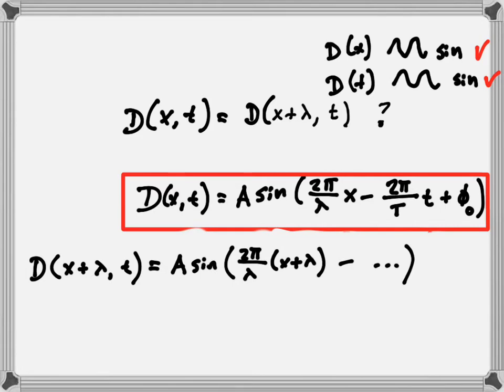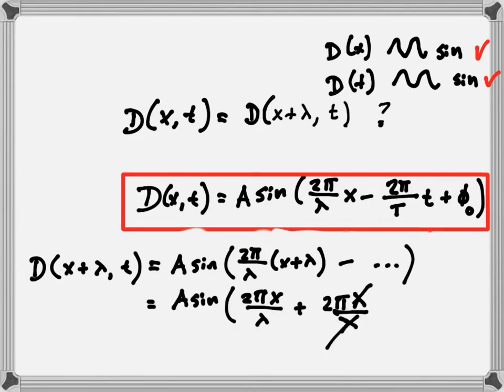We get a sine of 2 pi over lambda multiplying x plus lambda, and then the other stuff inside the argument, which we don't care about because we're only changing x right now. So we get a sine of 2 pi over lambda x, and then 2 pi over lambda times lambda, plus the other stuff. Notice that there was a lambda in the denominator and a lambda in the numerator, and those two lambdas cancel, and we get a 2 pi showing up inside the argument of the sine function.